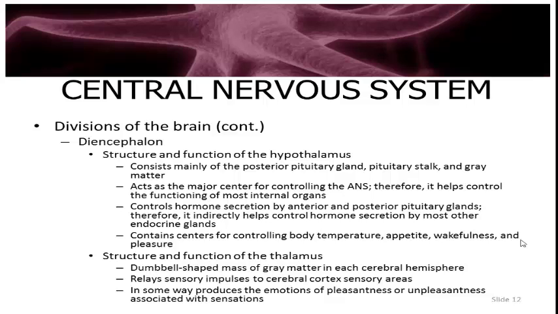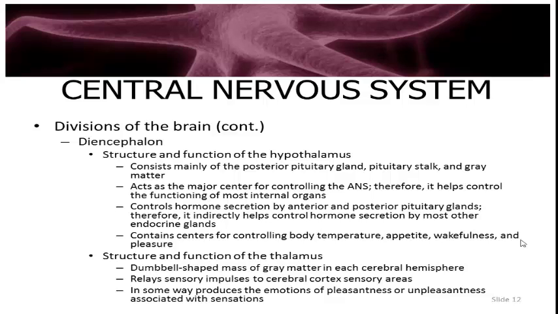You'll learn in the endocrine system also that it controls hormone secretion by the anterior and the posterior pituitary glands. So it does indirectly help control hormone secretion by most other endocrine glands as well. The centers for controlling body temperature, appetite, wakefulness, and pleasure are also contained here.